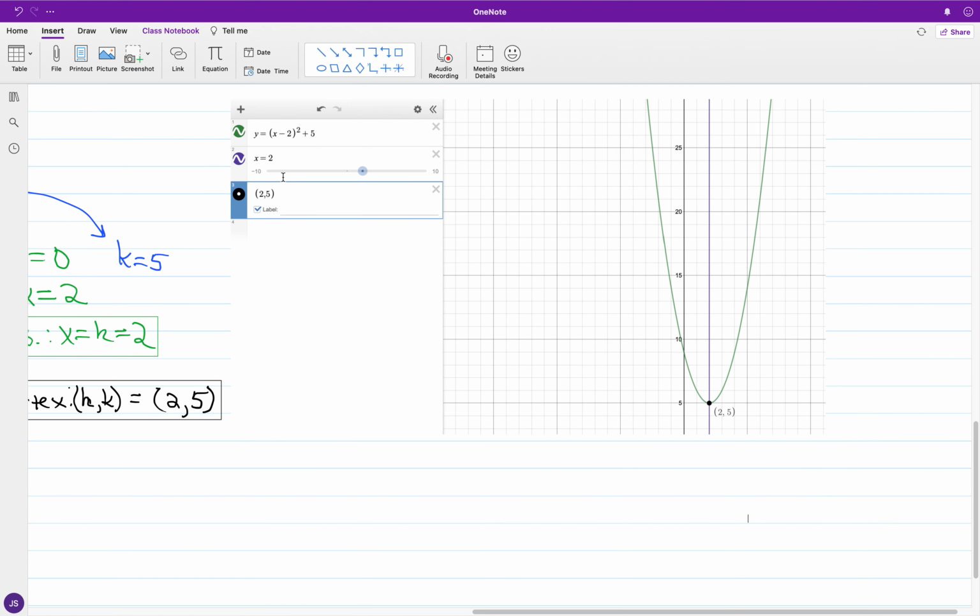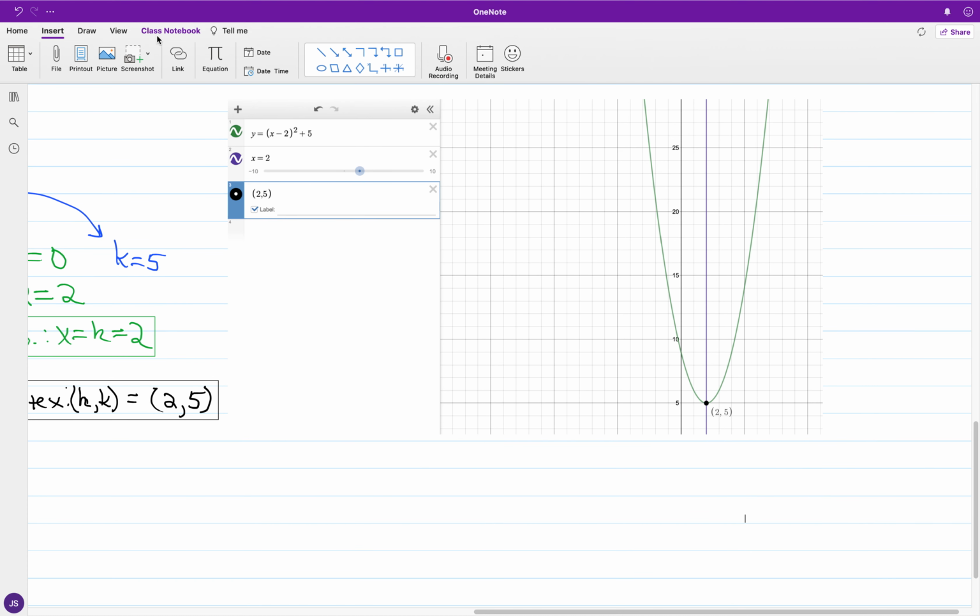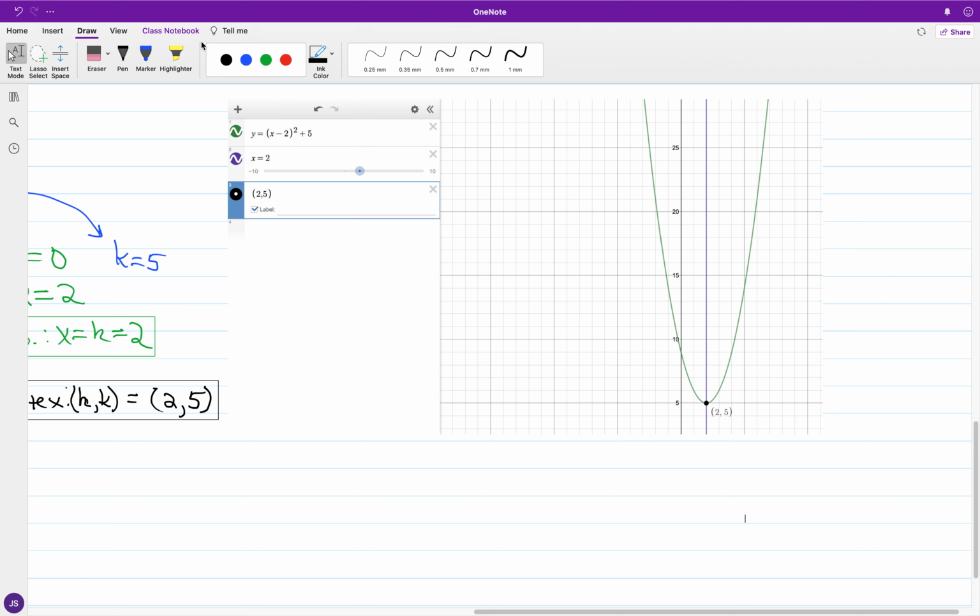So I'm just going to mention, you had the graph y is equal to f of x is equal to the square of x minus 2, followed by the addition of 5. So this quadratic function, its graph we have in green. Now if you notice, you have a line that's running through the middle and passing through the vertex. Just for this vertical line, it's not part of the graph of the quadratic function.